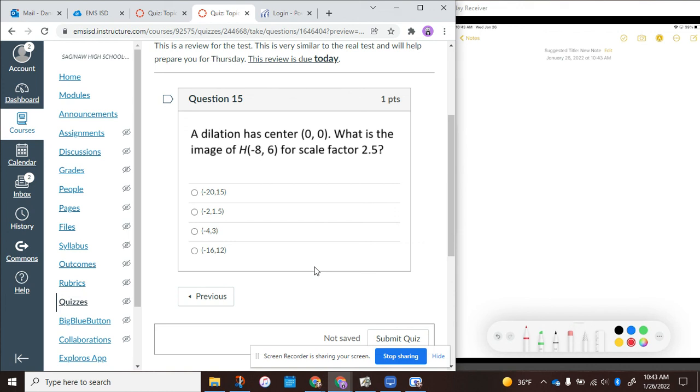Take the x and y values of our original and multiply everything times 2.5. So negative 8 times 2.5 gives you a new x value of negative 20. And positive 6 times 2.5 gives you a new y value of positive 15. And there we have it.